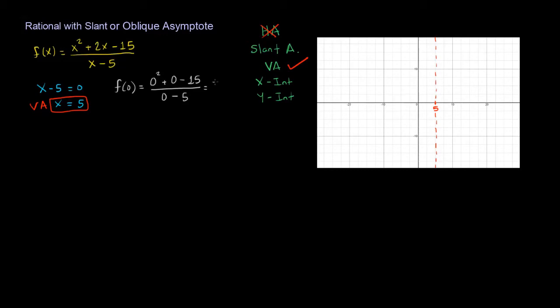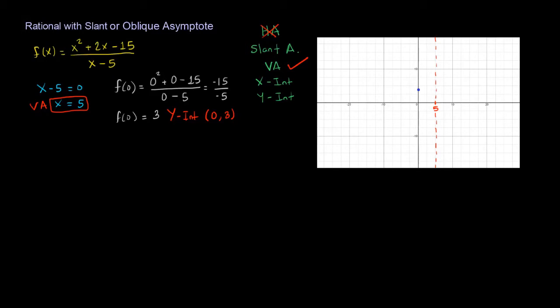We get negative 15 over negative 5, in other words f of 0 will be a positive 3. So my y interception will be at (0, 3). It will be somewhere around here. I'm going to use another color, a blue for the interceptions. It would be somewhere around here, the y interception.